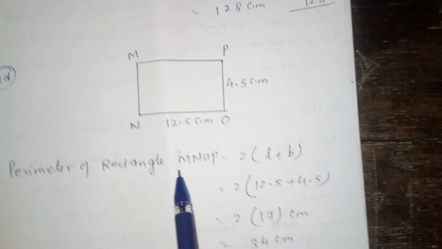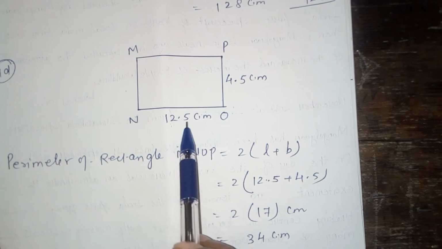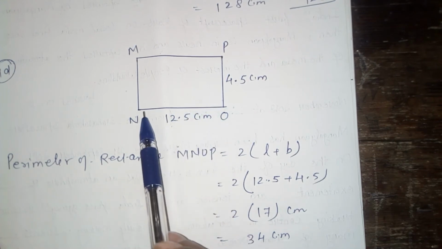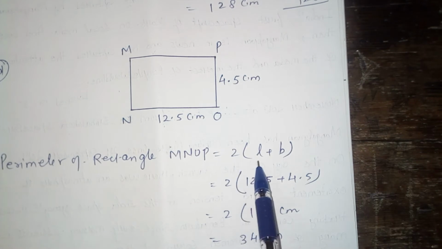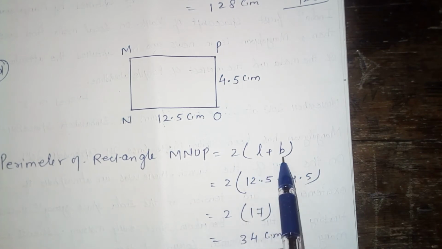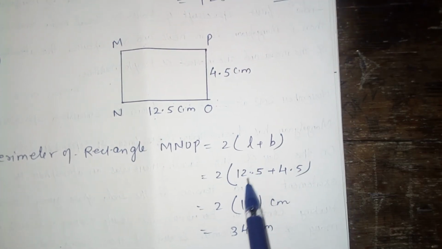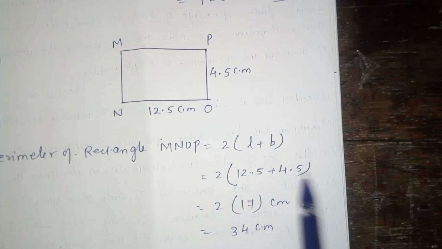In this question, we will find out perimeter of rectangle MNOP, which is equal to 2 into (L plus B). L stands for length and B stands for breadth. Length is 12.5 and breadth is 4.5.